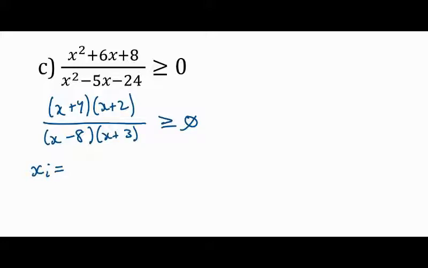If you get that done, keep going and find your x-intercepts and your vertical asymptotes.